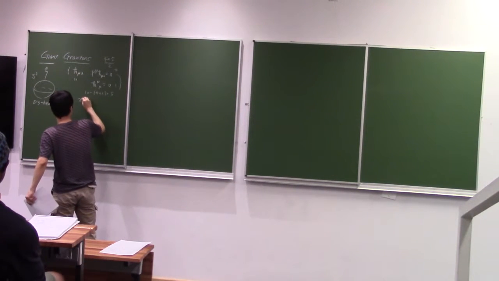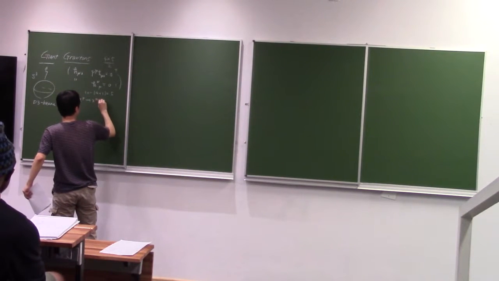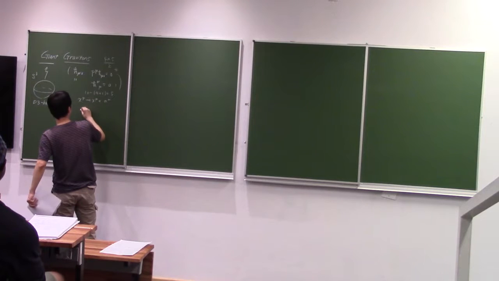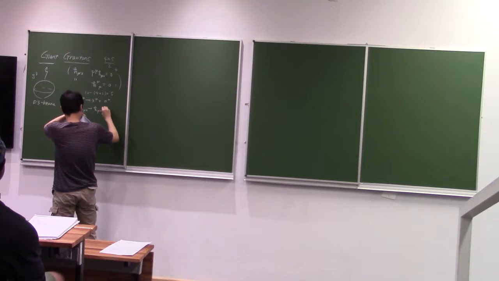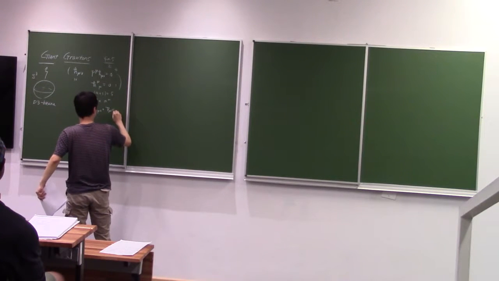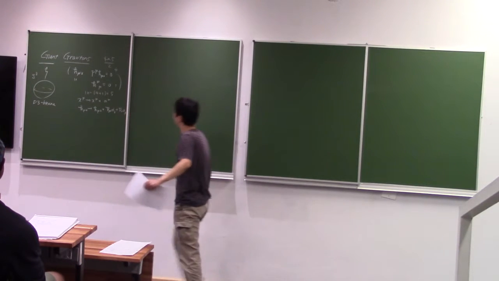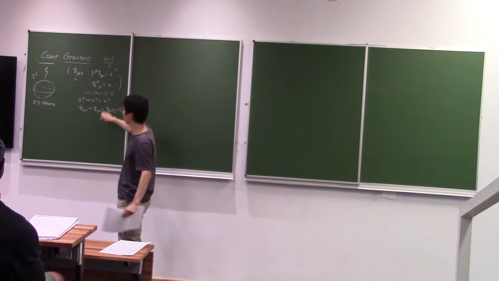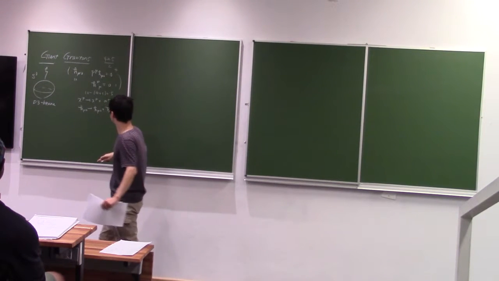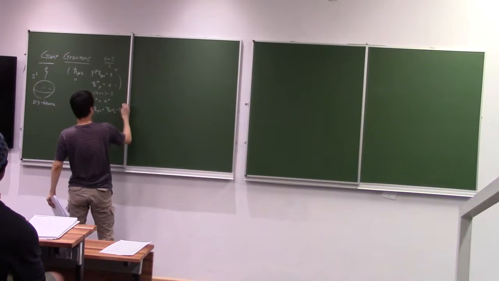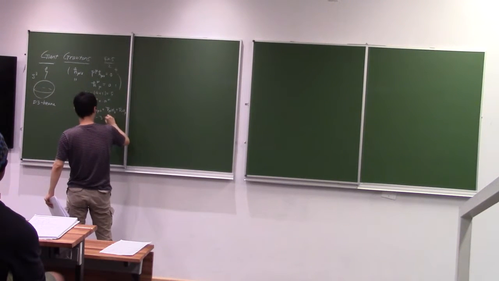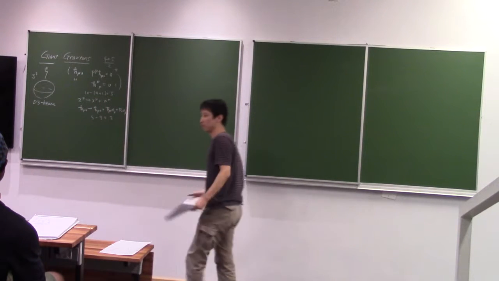If you do a coordinate transformation, then this will transform, and if you carefully count, this gauge redundancy has 3 degrees of freedom. So that's unphysical, so we have to subtract 3. And so you end up with 2.